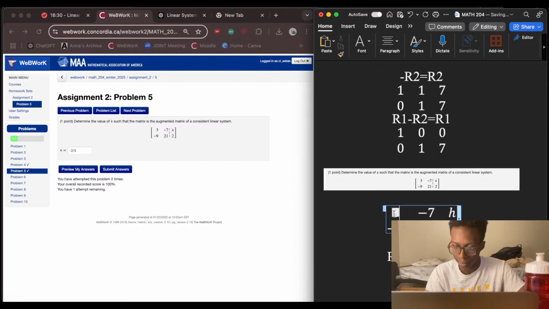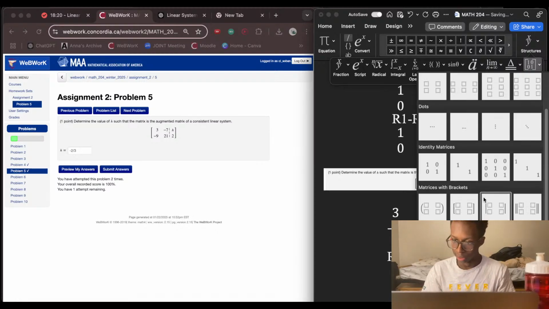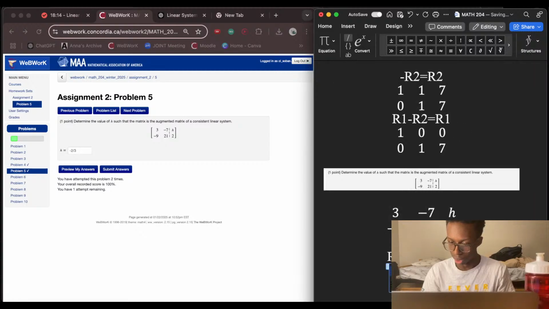Then we get 3, -7, and h. And on the other hand, it would be 0, 0, and 2 plus 3h.